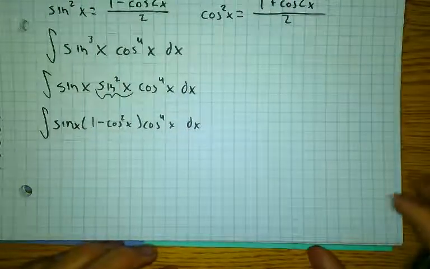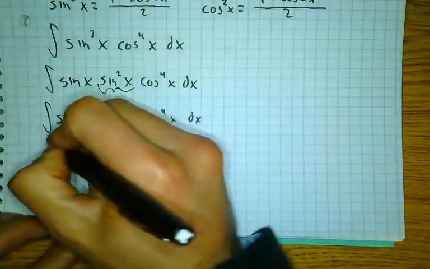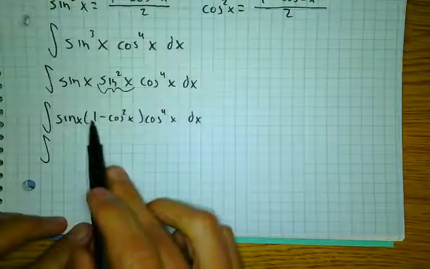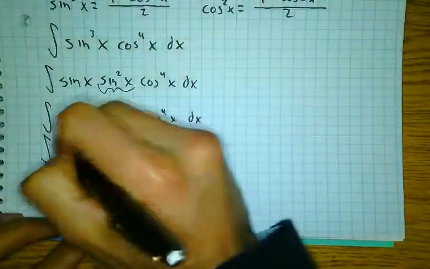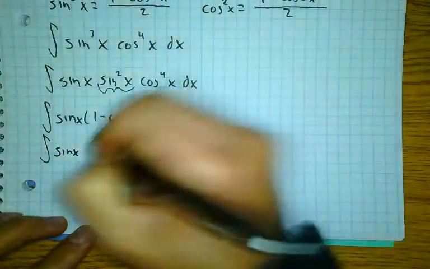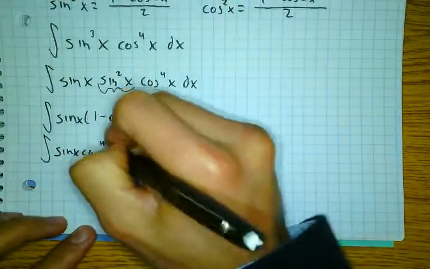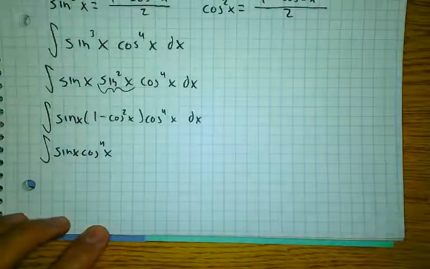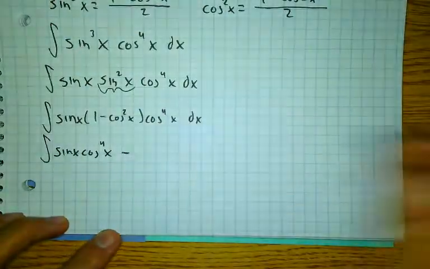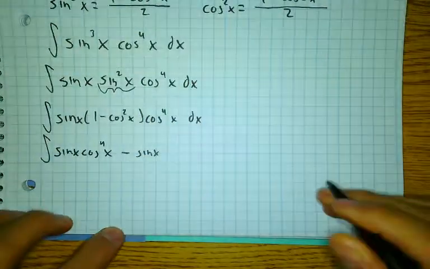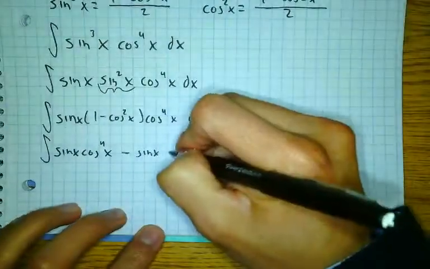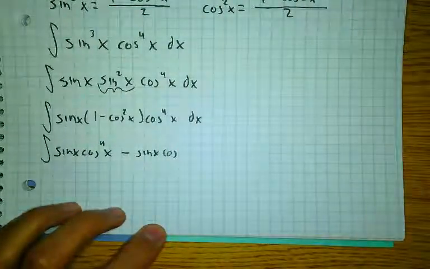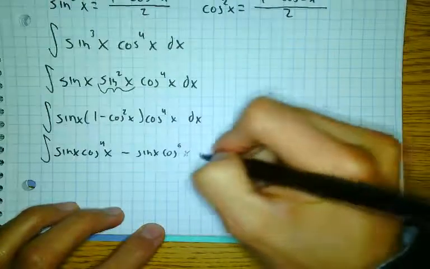So now it's just algebra. So we've got the integral of what? That times that gives you sine x cosine fourth power of x. And then that times that gives you minus sine x cosine to the power of 6 x dx.